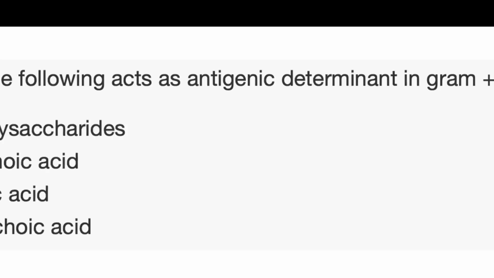Let me wait for a minute or so and collect some answers. An antigenic determinant in a gram positive bacteria.